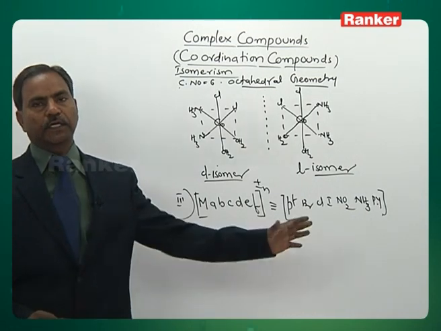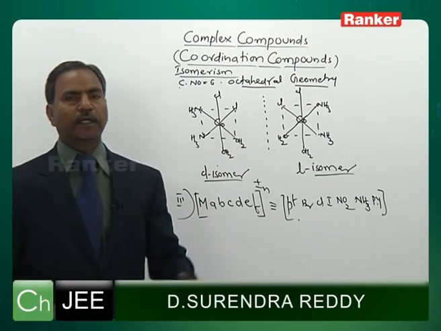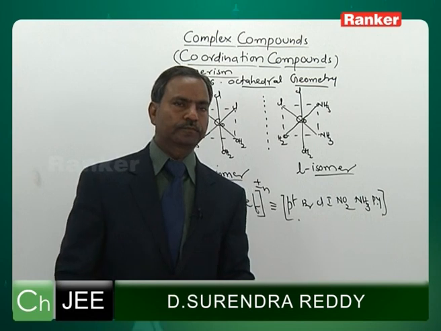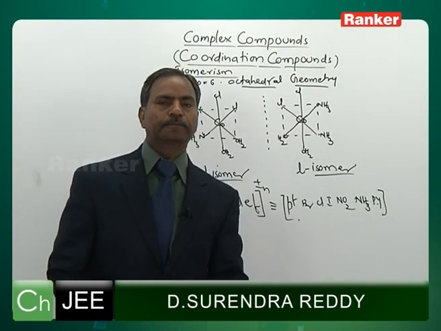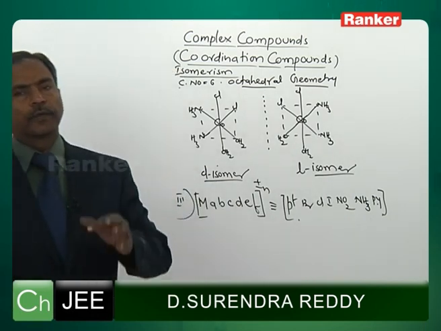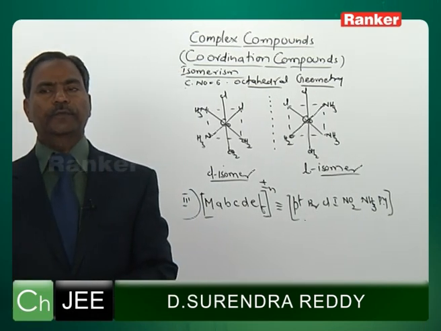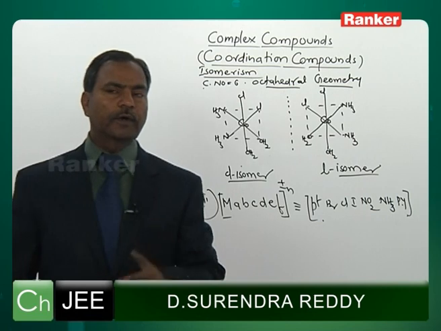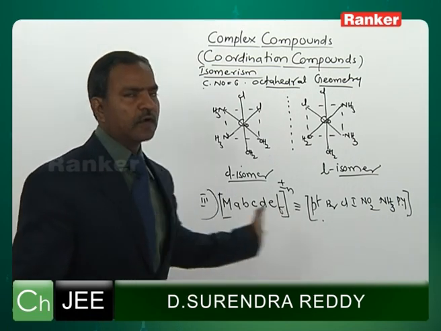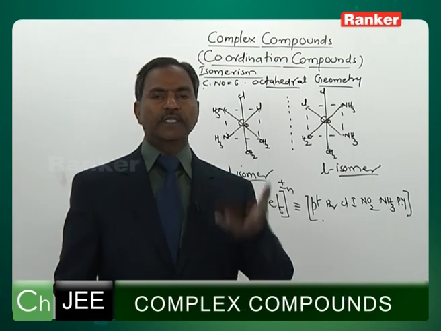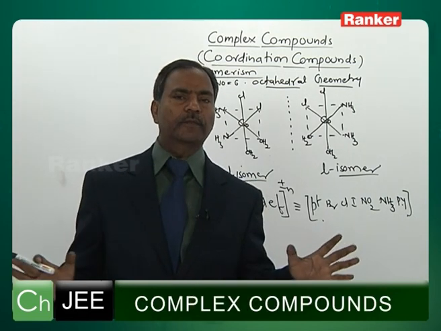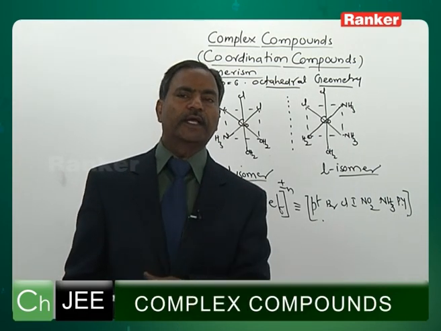Recollect that in geometrical isomerism I also gave this complex. I said for this, 15 geometrical isomers are possible, out of which 12 are cis isomers and 3 are trans isomers. All these 15 geometrical isomers are unsymmetric because no two ligands are identical.